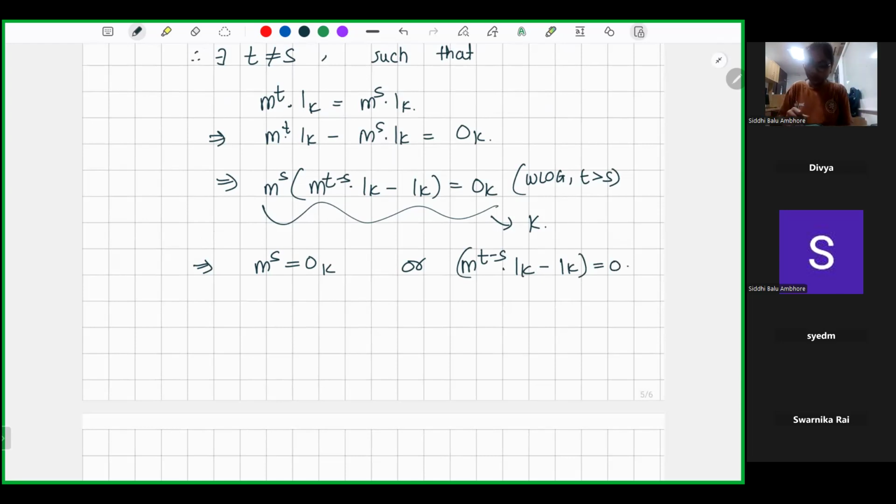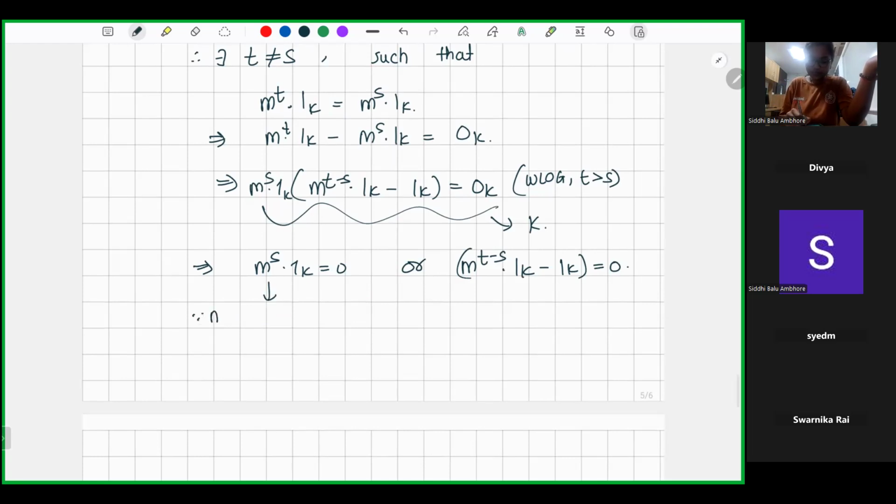Since m is non-zero, this implies m power s is non-zero, right? The reason being, since m into 1k is non-zero, this implies m power s into 1k is non-zero.